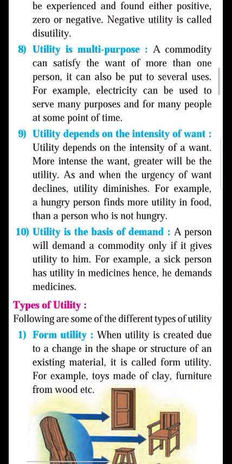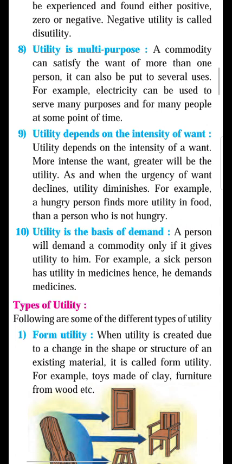For example, electricity has multi-purpose utility. Yes, because with the help of electricity, the fan is running, television is running, mobile charging is there, AC is running, washing machine is running, electric iron is also running. The commodity is only one, but it has multiple uses.